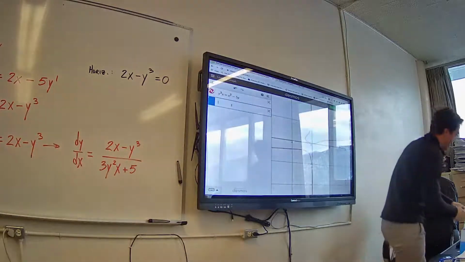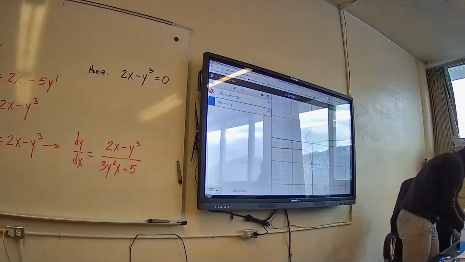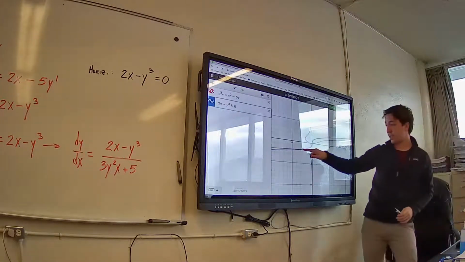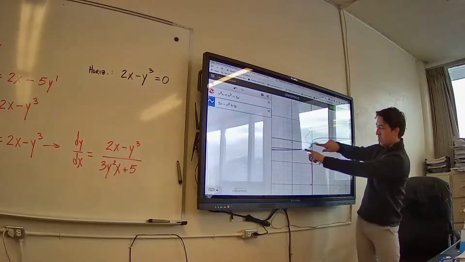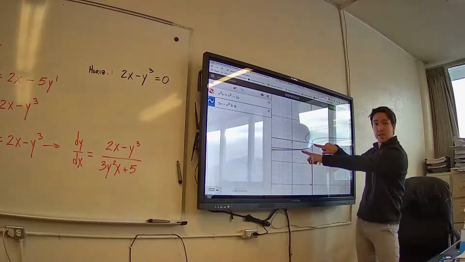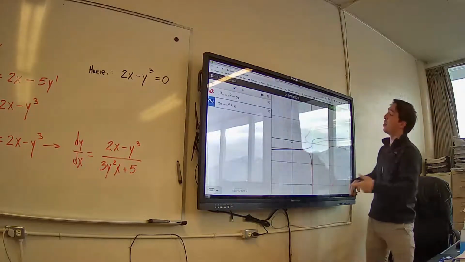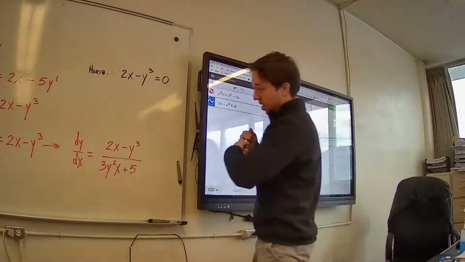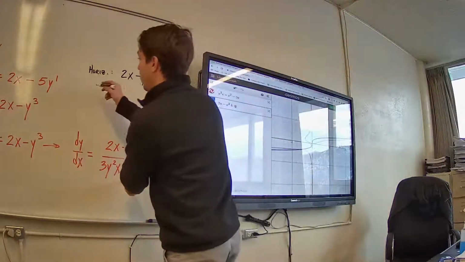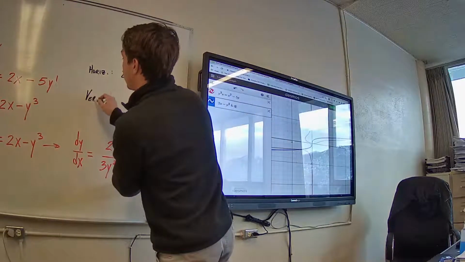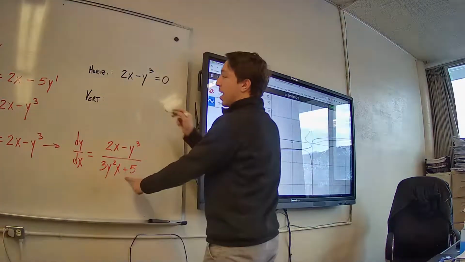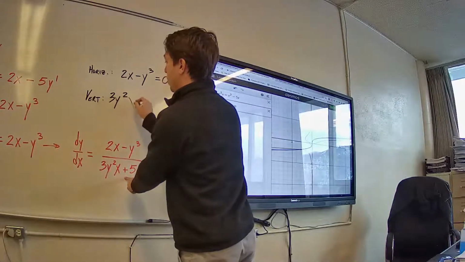So what if I graph that curve, 2x minus y cubed equals 0? Notice that it passes through the two spots where this curve actually does have a horizontal tangent line. Moreover, in order to have a vertical tangent line, the bottom of the fraction would have to equal 0.